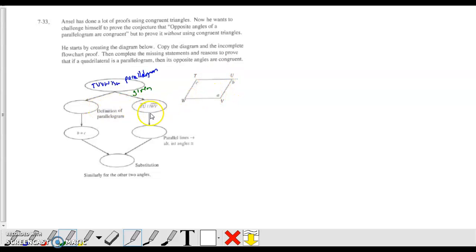We can see that TU is parallel to WV, so I'm not going to put that information in this one. I'm going to put the other one: TW is parallel to UV. And I said definition of parallelogram here, so that means the reason is the definition of a parallelogram.